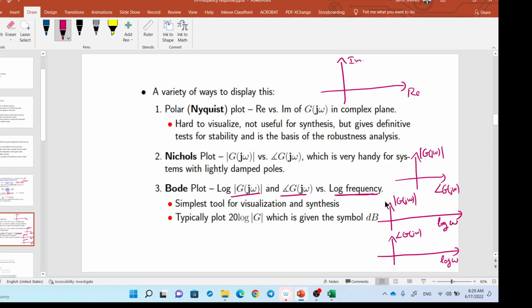Yeah, this one also log. To be precise, actually it's 20 log of the magnitude, and it's called decibel. So yeah, you will see again. I think you have heard of decibel, right? But you might not know yet where the term decibel comes from.